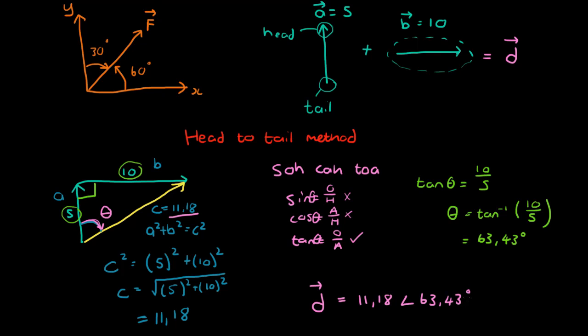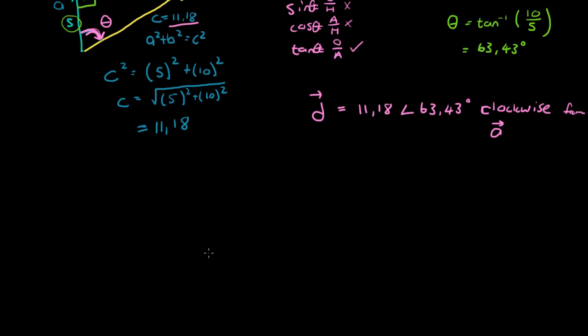Because that could be 63.43 degrees relative to north, if we're talking about a compass, or relative to west, if we're looking in the westerly direction. So we say clockwise from A, because that's where we defined our angle from. We took A and said, okay, we're going to go clockwise to get our total vector. So that's how you add vectors in 2 dimensions when they're at right angles to each other.